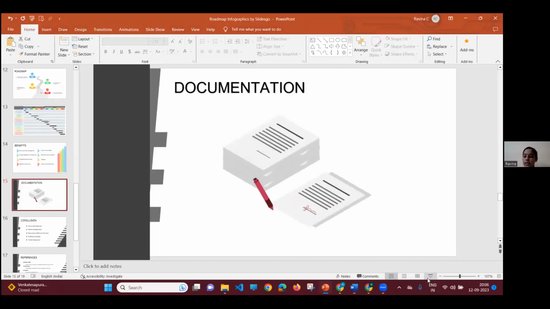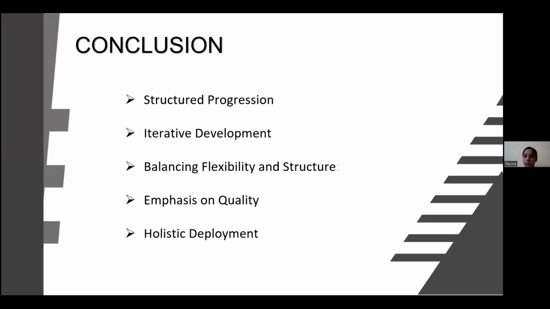Bringing back to the presentation. To sum up, we are building a project in a structured progression and iterative development, like splitting the big task into subtasks, balancing flexibility and structure, as we can create the timeline and make the team flexible to work in subtasks.